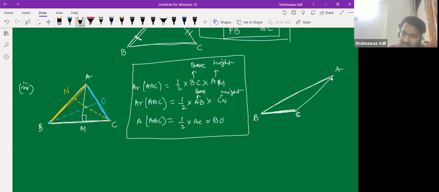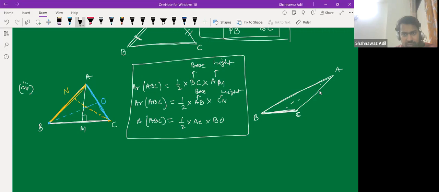Can I drop a perpendicular from A on BC?